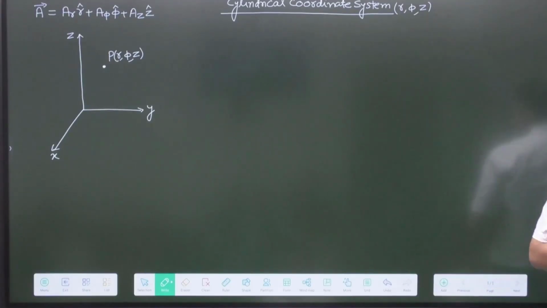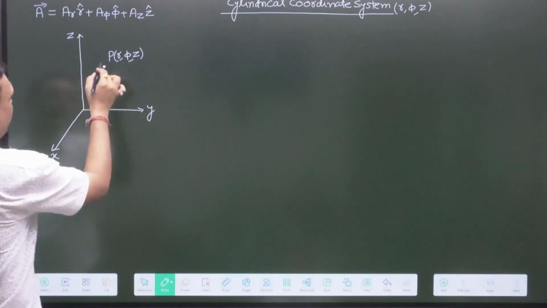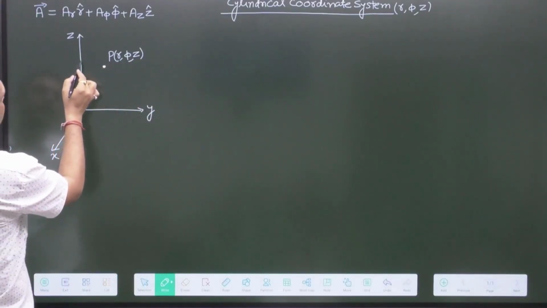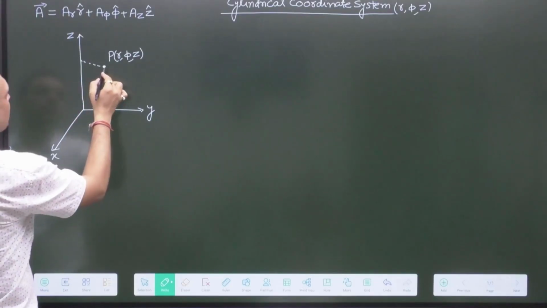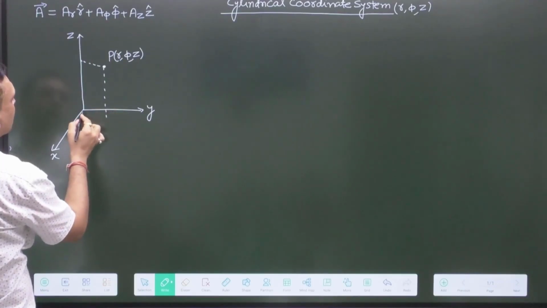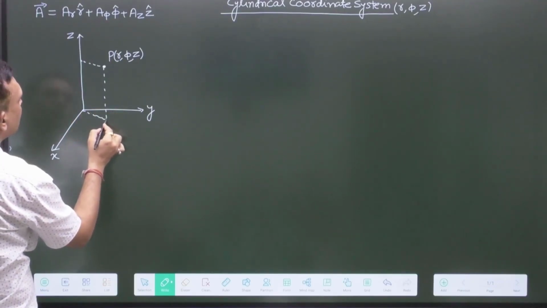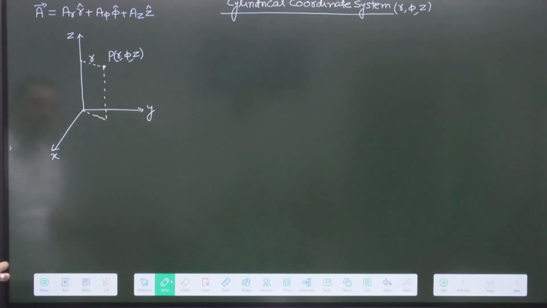And point P lies on the surface of a cylinder, where R is the radius of the cylinder.